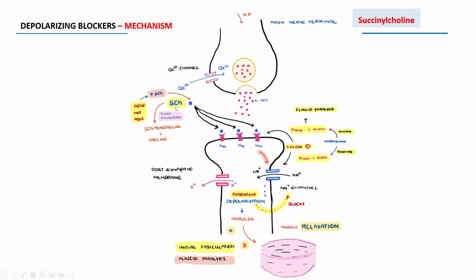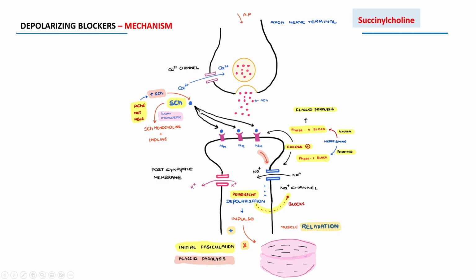So, whenever you administer succinylcholine, the maximum amount of the drug will be metabolized in the plasma itself by the plasma cholinesterase into succinylmonocholine as well as choline, and only a small concentration of succinylcholine will reach the synaptic cleft.